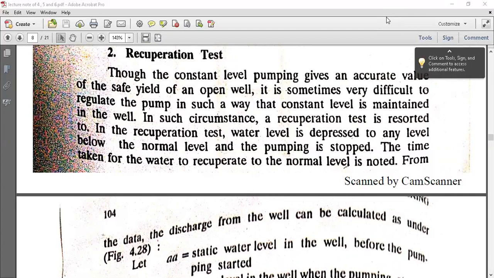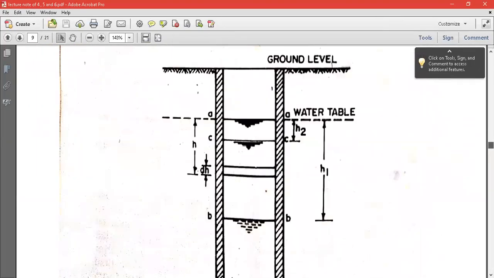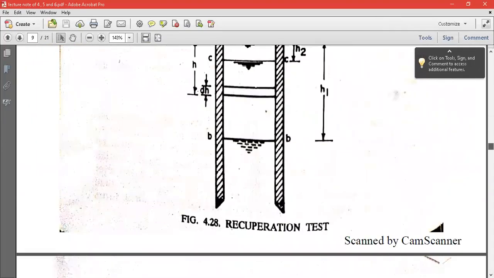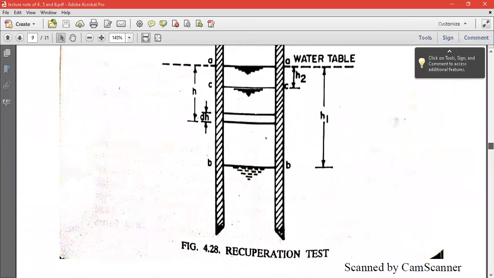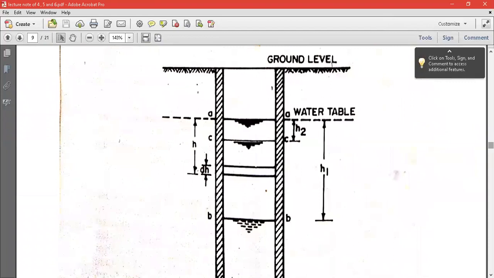Let me explain to you in the figure how the function works, then I will go to the theory part. This is the figure of the recuperation test in an open well. First, when you depress the water, suppose up to head H1, then we stop the pumping and the time is noted for the water to recuperate.